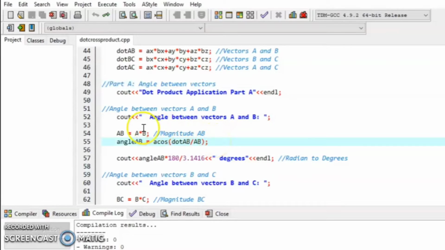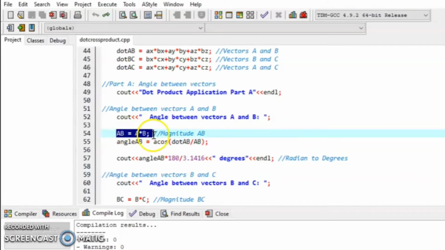Just like I said, we use the magnitude of vectors, since we need to multiply that in the formula for finding the angle between the vectors: arc cosine of the dot product of AB over the magnitude of A multiplied by the magnitude of B.